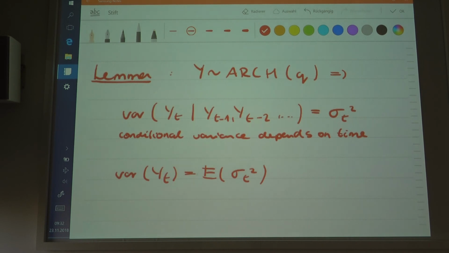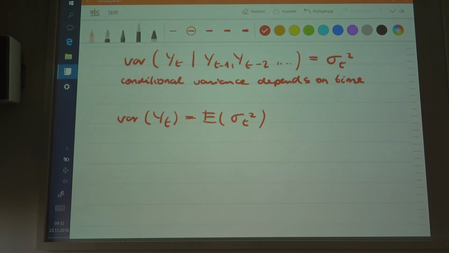It can depend on time, but it does not necessarily. Now let's have a look at that, because that is something important.